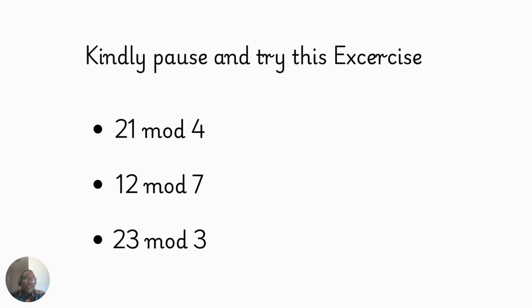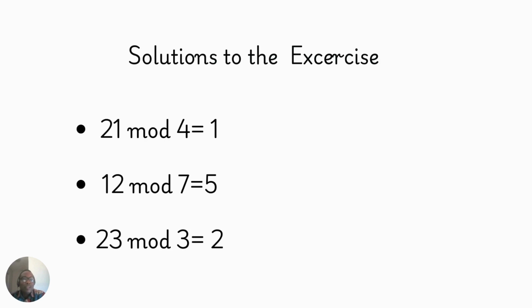If you paused on the video and you did the calculations, you should get these answers. 21 mod 4 should give you 1, 12 mod 7 should give you 5, and 23 mod 3 should give you 2.